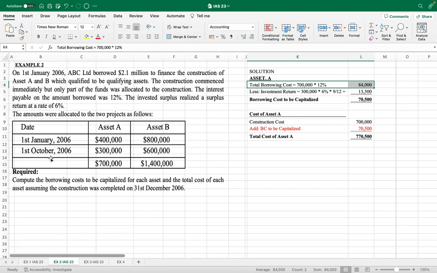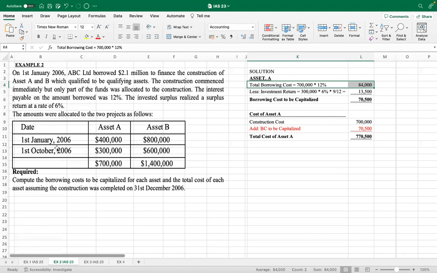This 300,000 was only needed on 1st October. It was not needed between 1st January and 30th September. So in this period that it was not needed, you can invest it.